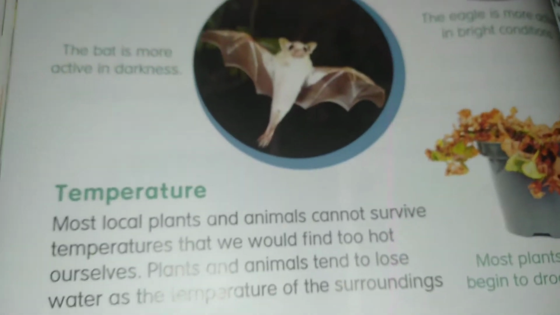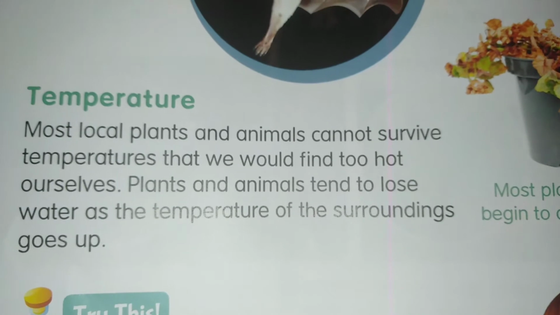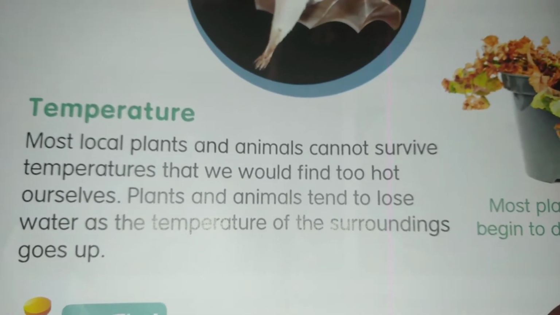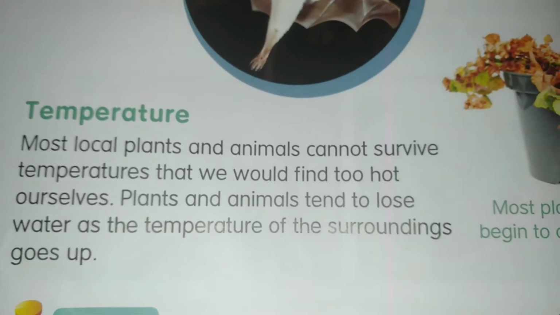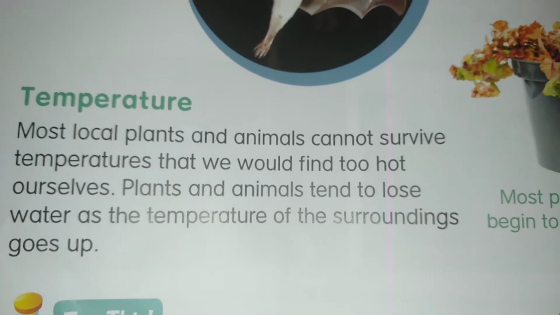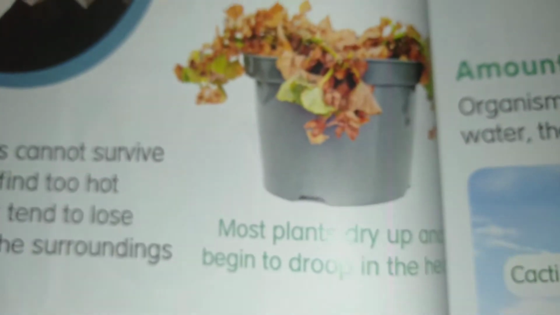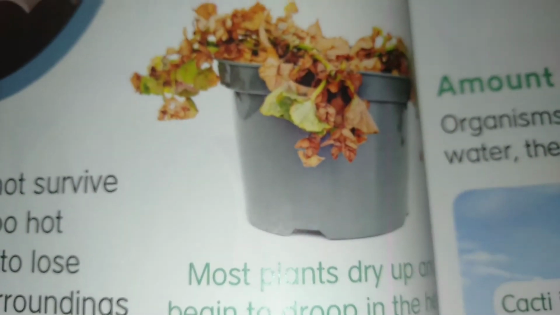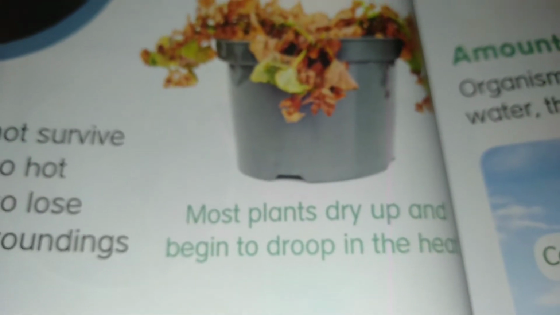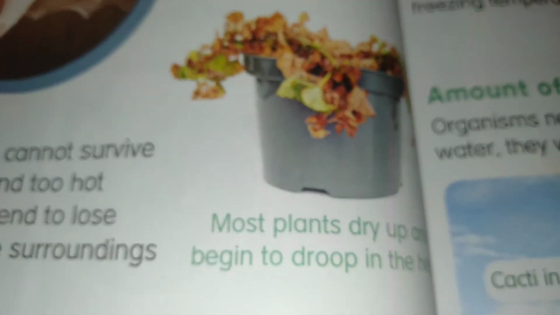Now, the temperature. Most local plants and animals cannot survive temperatures that we would find too hot ourselves. Plants and animals tend to lose water as the temperature of the surroundings goes up. Now let's go here. What's this? Most plants dry up and begin to droop in the heat.